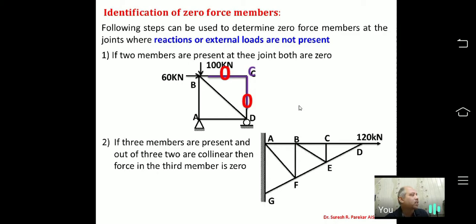Now here you can see we have different joints. We have joint E, then we have joint C, where we do not have any external loads.